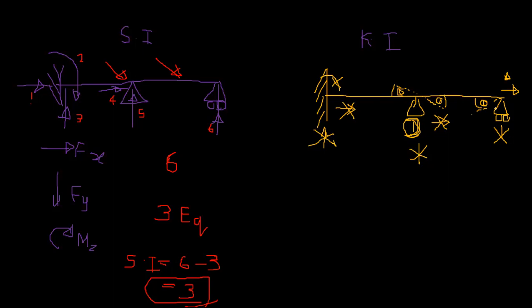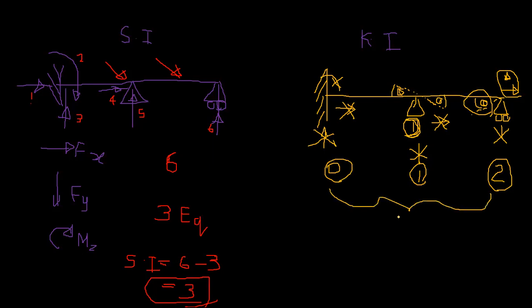Here one gone, two remaining. So probably we have two unknown displacements, one unknown displacement, and here kinematic indeterminacy is 3.